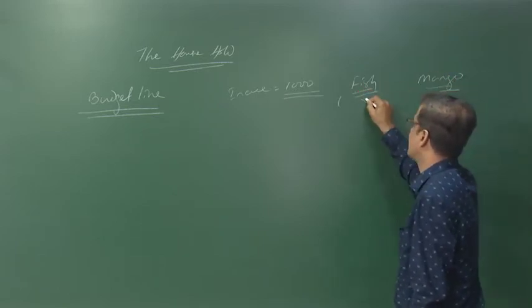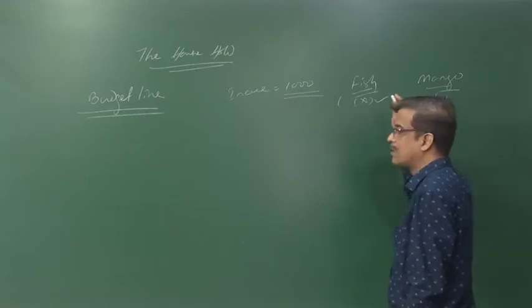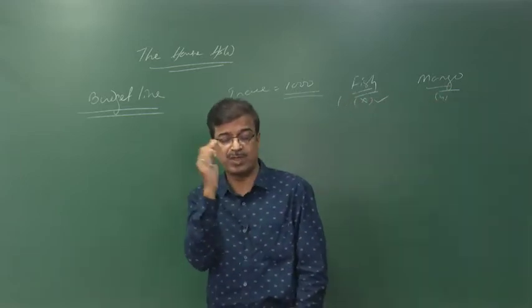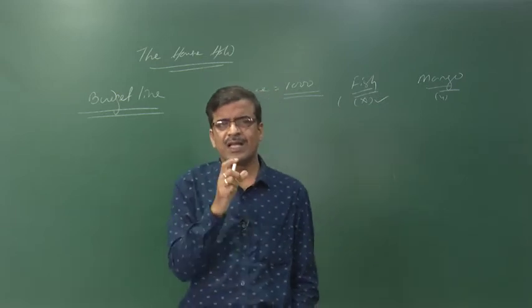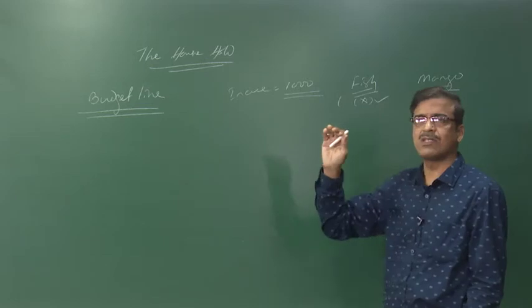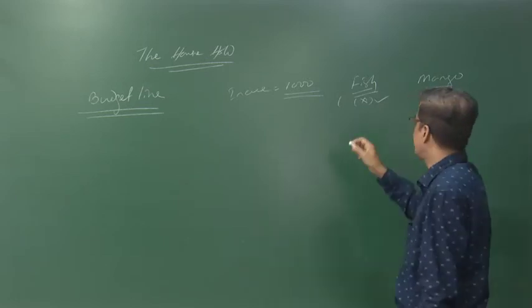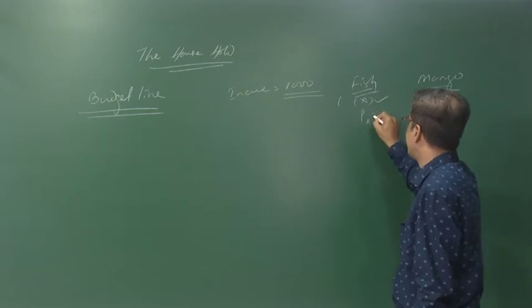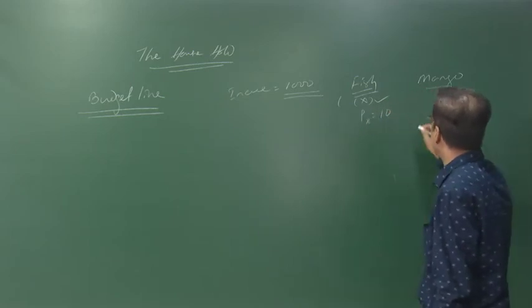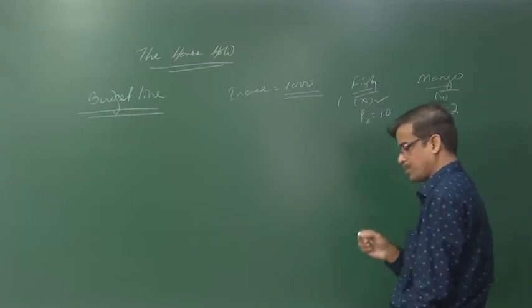Let us say the fish is treated as good X and mango as good Y. The price per piece of each is given. The price of fish is, let us assume, rupees 10, and the price of mango is rupees 2.